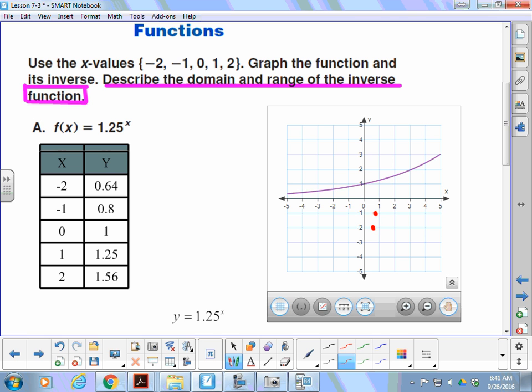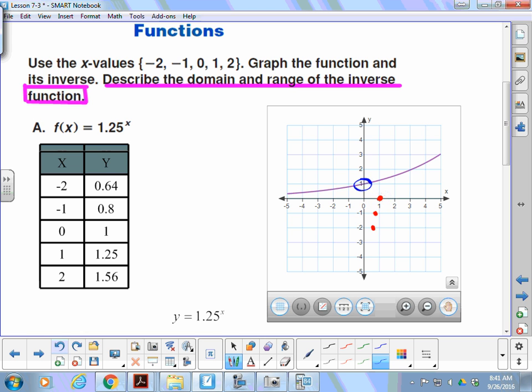1, 0. These two points, if you have an exponential, if you have a logarithm, those two are going to be there unless we have some value of a in front, okay? So most of the time, those are there.